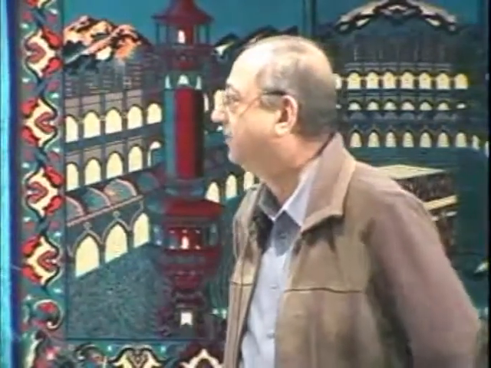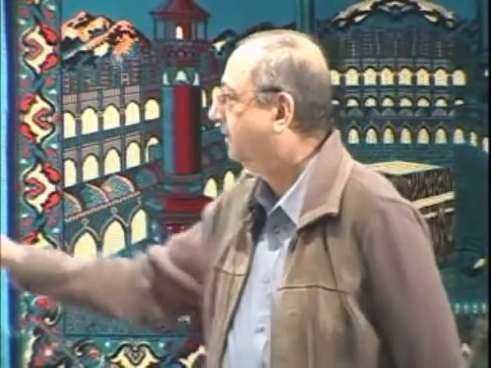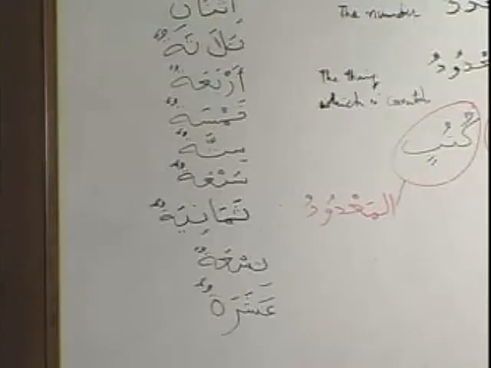So, how will I say to you, let us try to count 3 to 10 with the book. Ready? Everybody will say loudly. Let's do it together. Okay? Starting from 3. Salasatu kutubin.